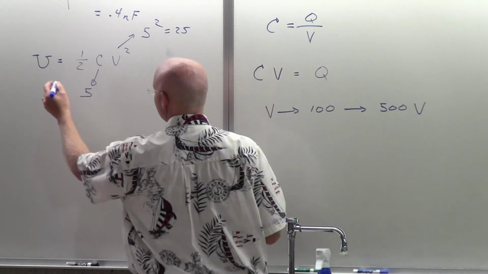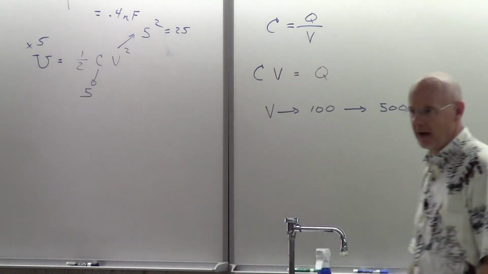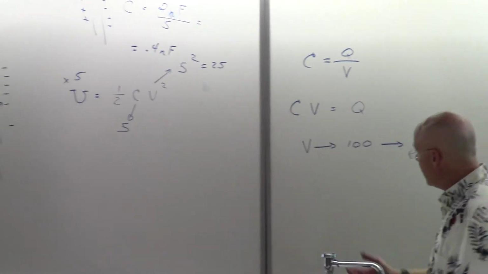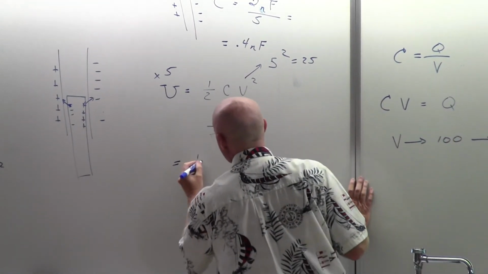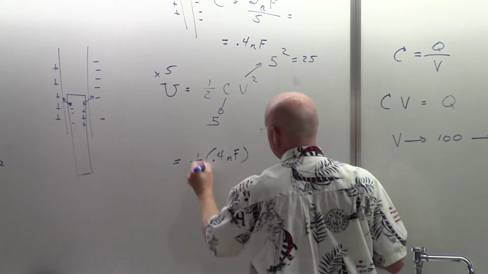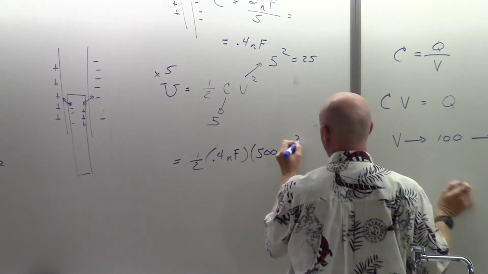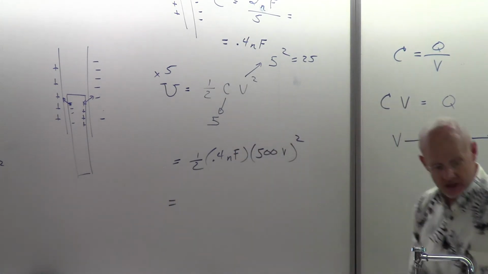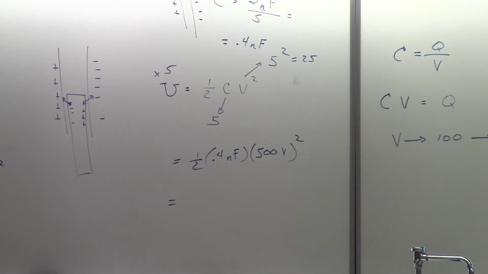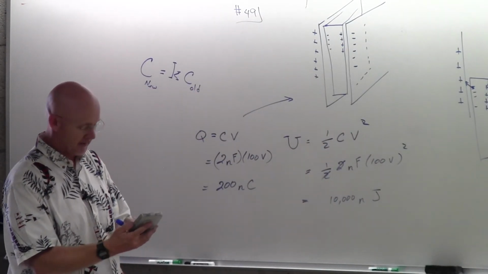Together that means the total energy should have gone up by a factor of 5 as you pull this thing out. I'll put in the numbers: 1/2 times 0.4 nanofarads, voltage 500 volts squared. If I put those in, hopefully you will see a number that is 5 times bigger than the energy we had before.